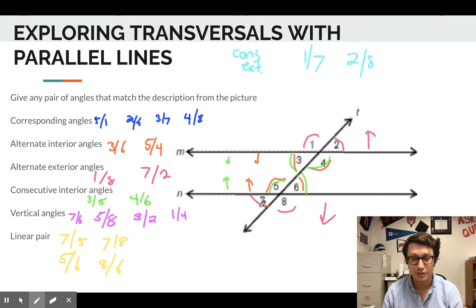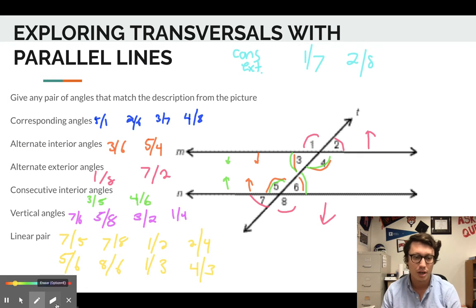So technically there's 4 here. 7, 5, 5, 6, 7, 8, and 8, 6. Good. And then that's not even thinking about these up here. These would be 1, 2, 1, 3 also works. 2, 4 works. And 4, 3 works. So a lot of linear pair options.